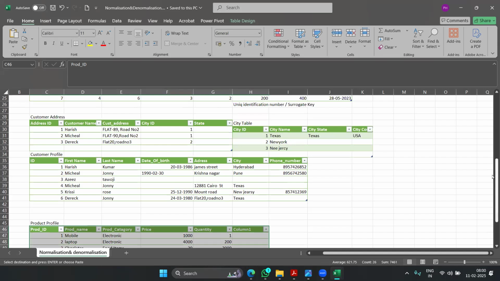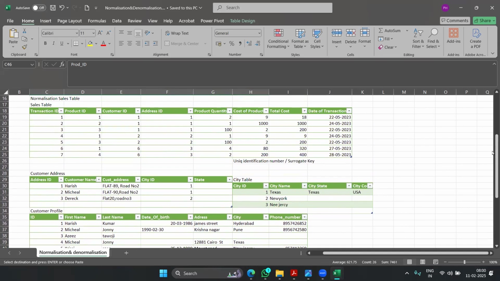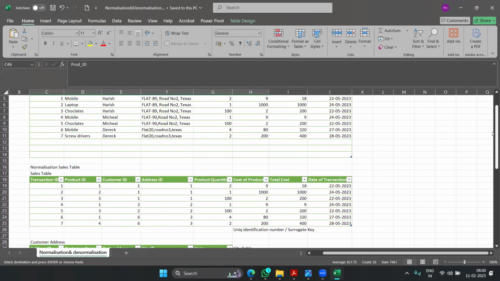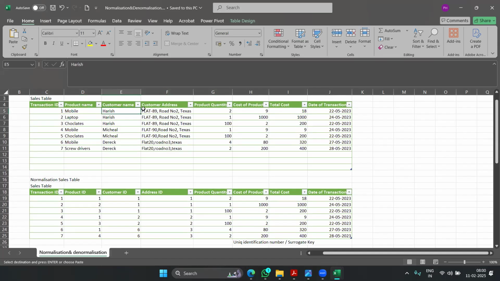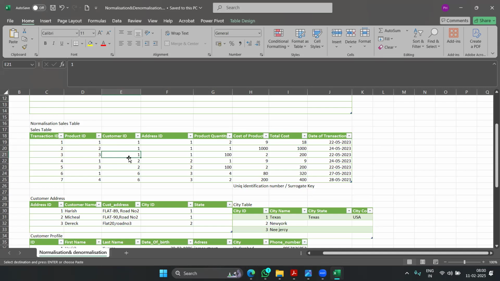And whenever a transaction happens, instead of storing complete information, I'm going to store the unique identification number of those particular products. Suppose I have the address information in the address table; here I'm storing the reference value of the address.